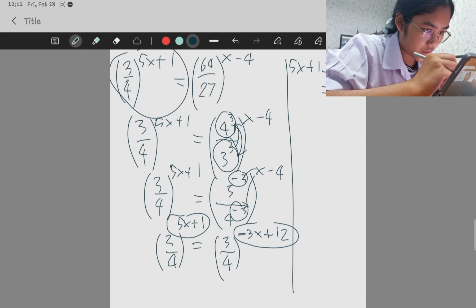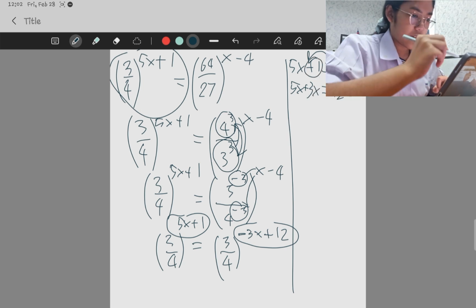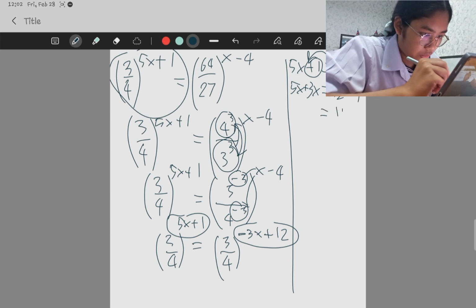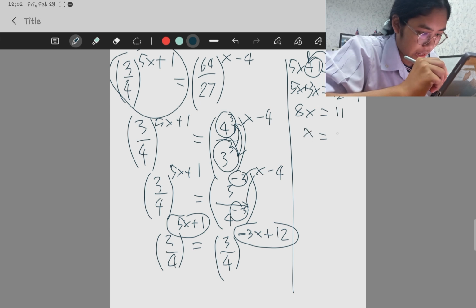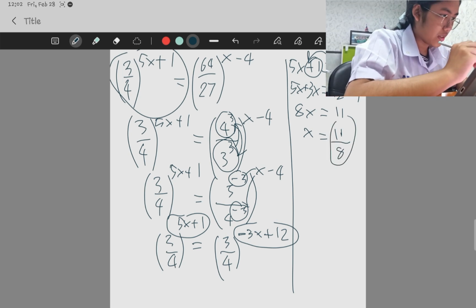Move minus 3x to a positive, like this, and then move the plus 1 to minus, and then solve it. 12 minus 1 equals 11, and 5x plus 3x equals 8x, and then move 8 to divide, move below them like this, and this is the answer.